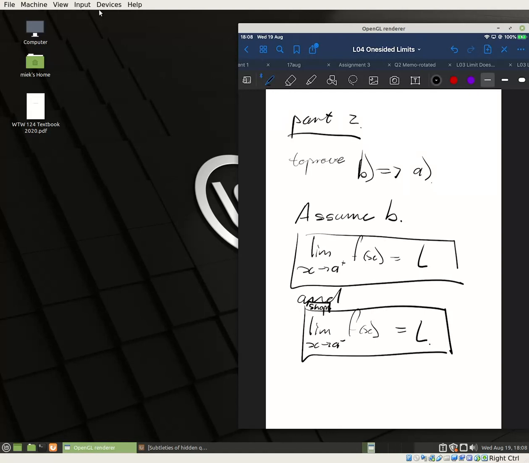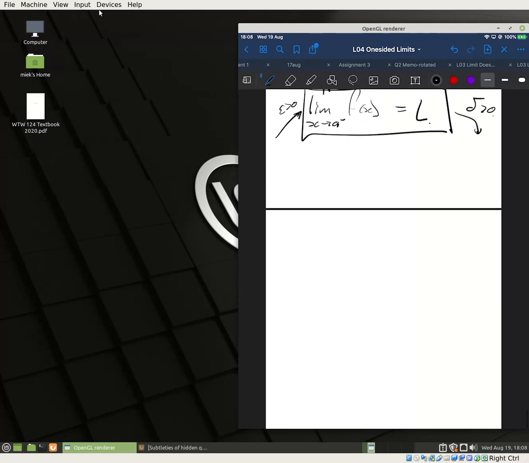We have two shops where if we bring an epsilon greater than 0, we can get out a delta greater than 0 that does something. And similarly here, we can pay with an epsilon, we can get a delta out.